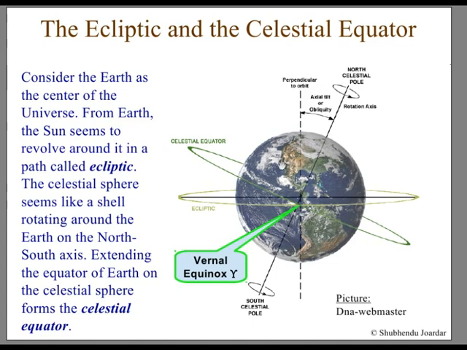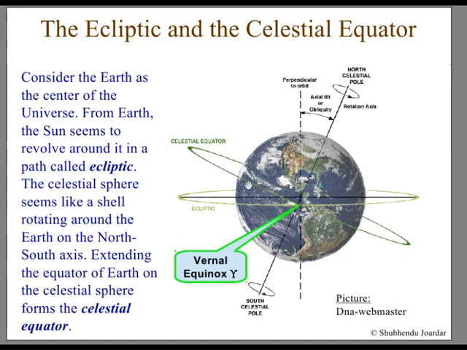And the celestial equator will rotate in synchronism with the Earth, because the celestial equator is formed by extending the Earth's equator on the shell.